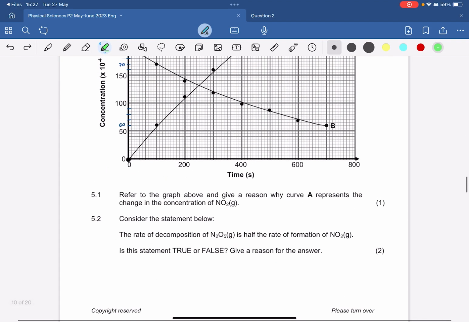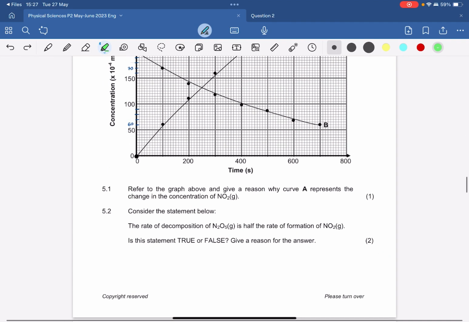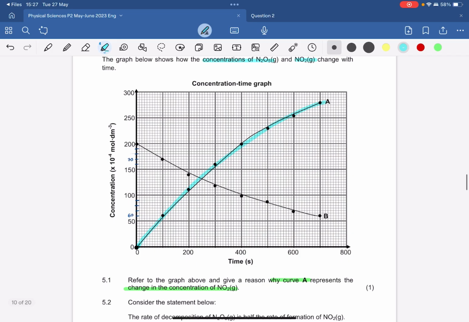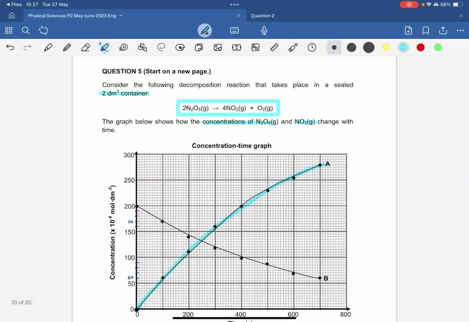5.1 asks us to refer to the graph above and give a reason why curve A represents the change in the concentration of NO2. So graph A, we can see it starts at 0 and then increases with time. That's our reason, because NO2 is a product.